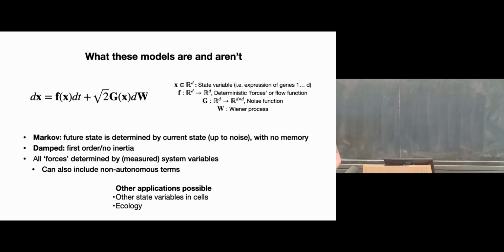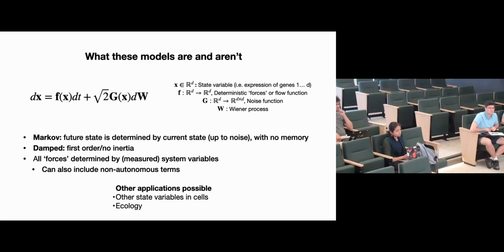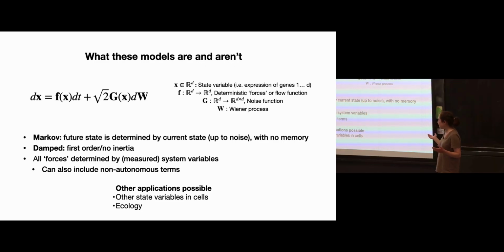Right. And I did want to mention, partly because I'm interested in this stuff for applications that are not necessarily single cell RNA sequencing, that this is very general, right? There are other interesting systems where one might want to do data-driven learning of the underlying landscape, if you will.